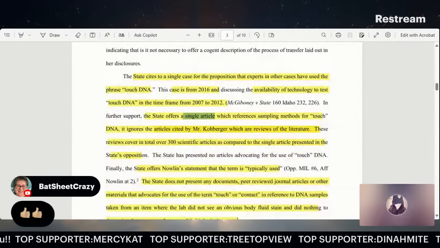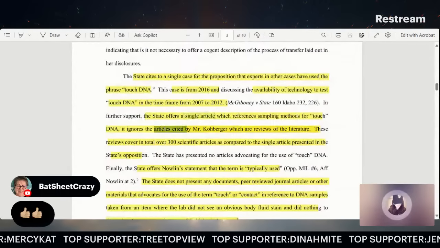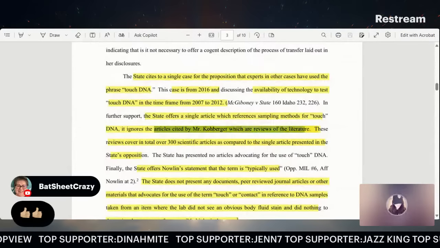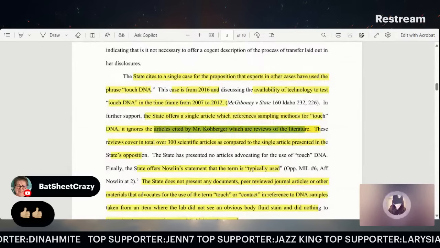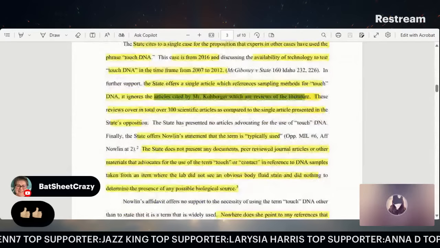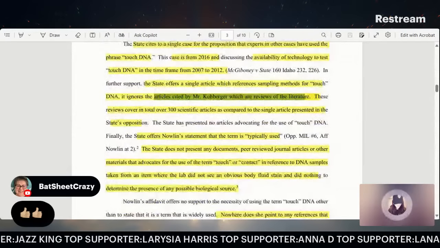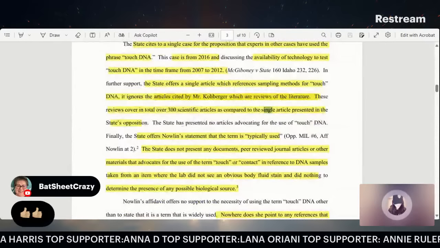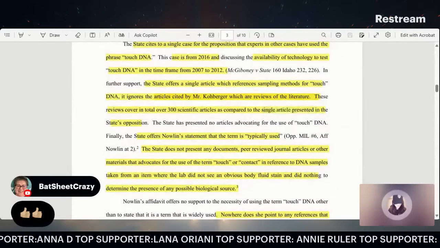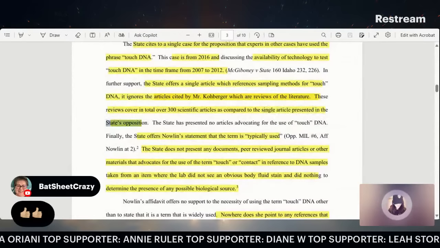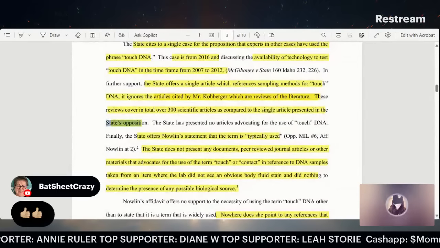It ignores the articles cited by Mr. Kohberger, which are reviews of the literature. These reviews cover in total over 300 scientific articles as compared to the single article presented in the state's opposition. The state has presented no articles advocating for the use of touch DNA.